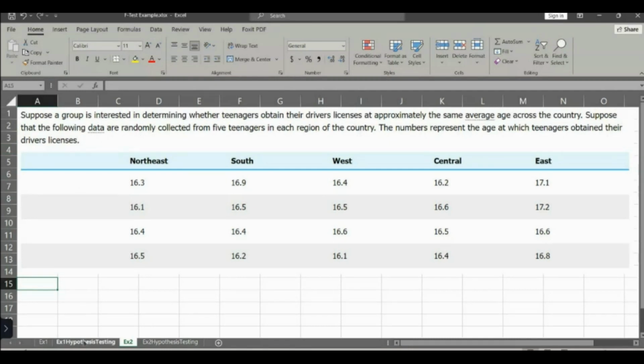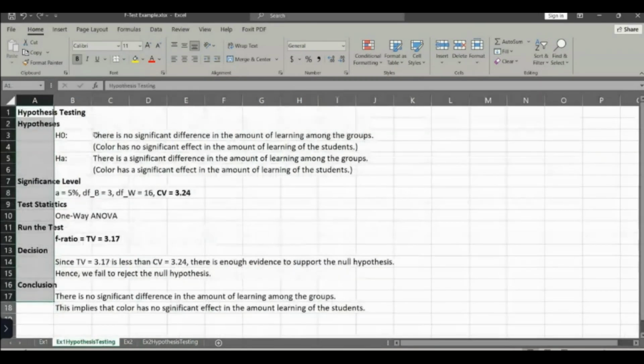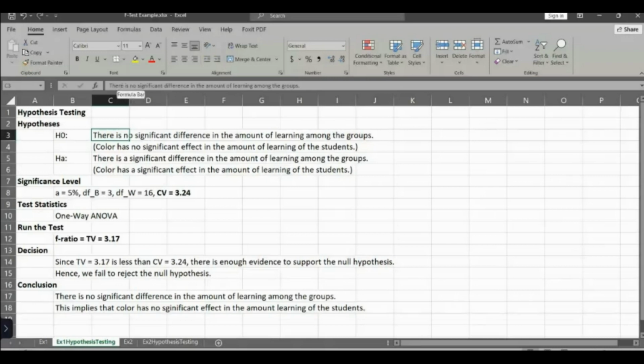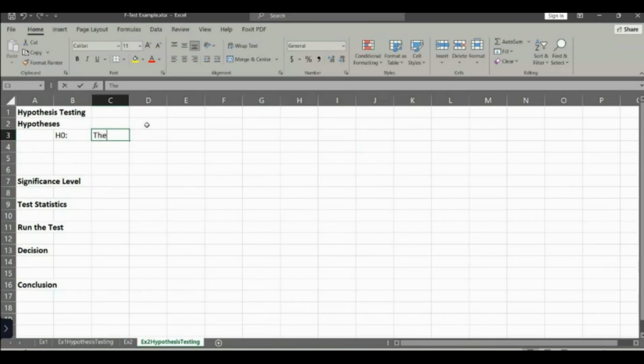Our null hypothesis starts with there's no significant difference. Okay, the very difference between the t-test and the one-way ANOVA is that we are trying to compare more than two variables, or cases.